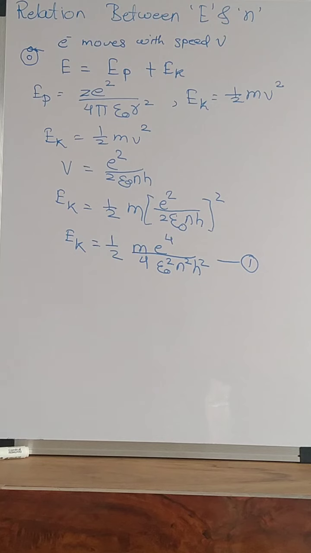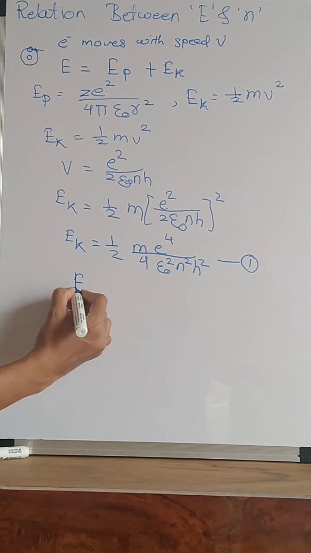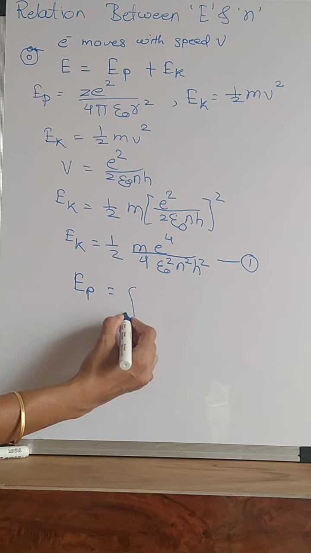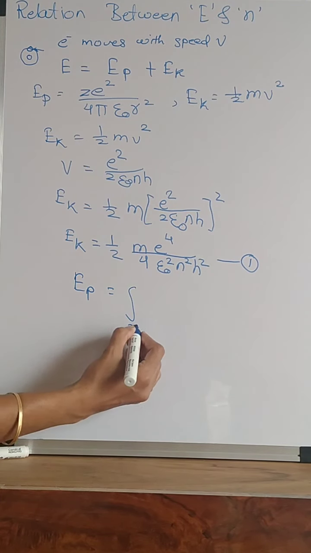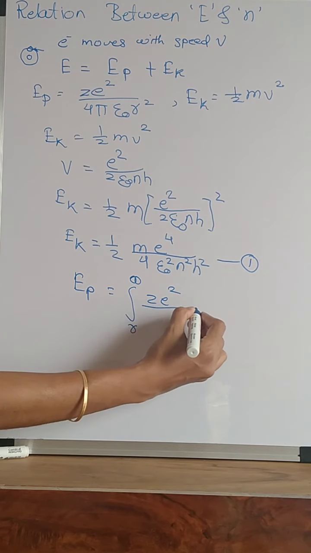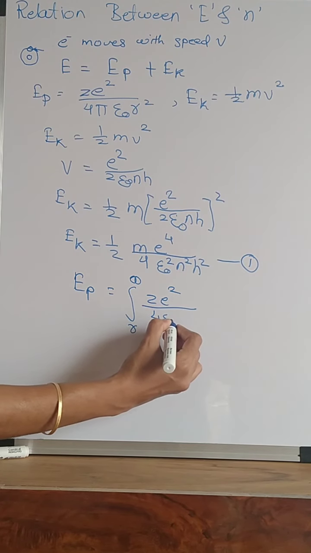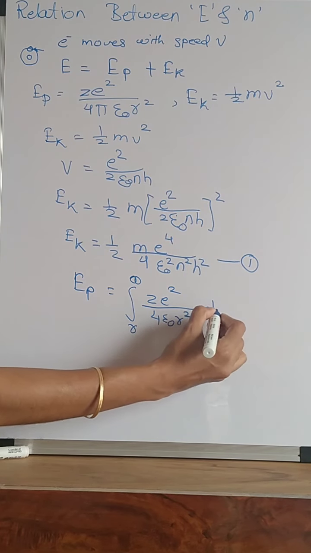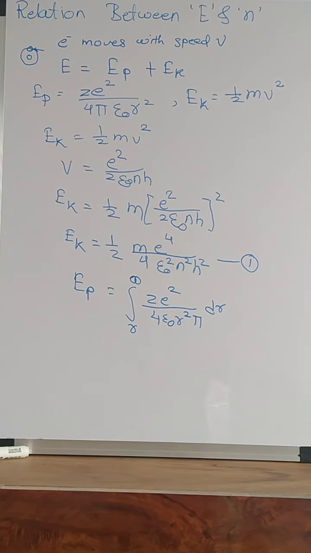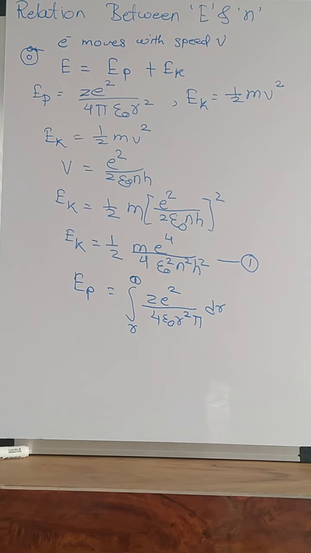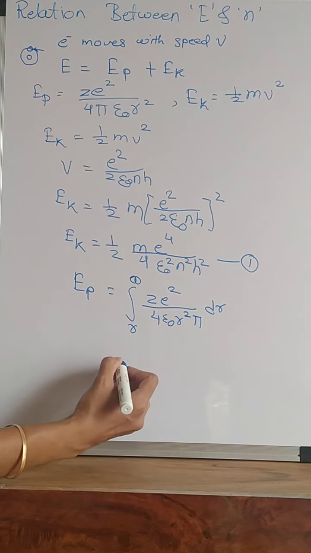Now we will go for potential energy. To find out the total potential energy, we have to integrate from r to infinity Z e square upon 4 pi epsilon naught r square with respect to dr. Now we can take all these values outside the integral due to constant.